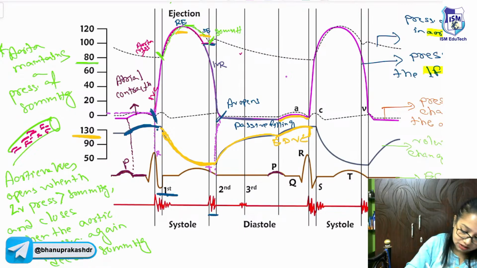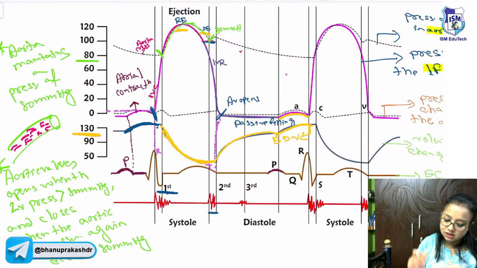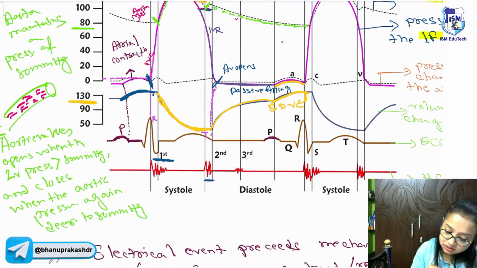This is a small point that we have to remember. It decreases to 80 and then the aortic valve closes and it maintains the pressure. See here, it maintains the pressure at 70 to 80 mmHg. It never goes below that until the next cycle starts. This is how the aortic pressure is maintained.